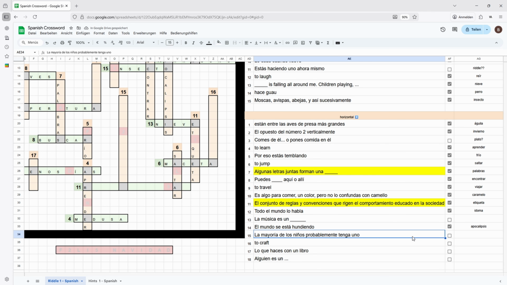La mayoría de los niños probablemente tengo una. Most kids have probably one. A lot of kids have a lot of things. We'll go with the tip later on. Then we have to craft.